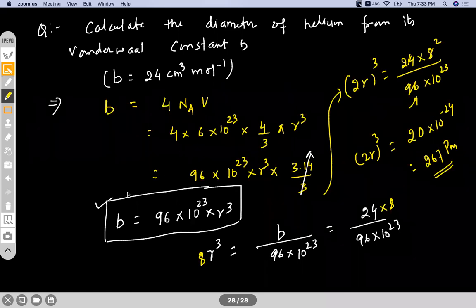Fine, guys. Anything else? Tell me. Okay, different values you are getting. Anyway, you understood the method of how to do this. You try this once, you'll get the answer.